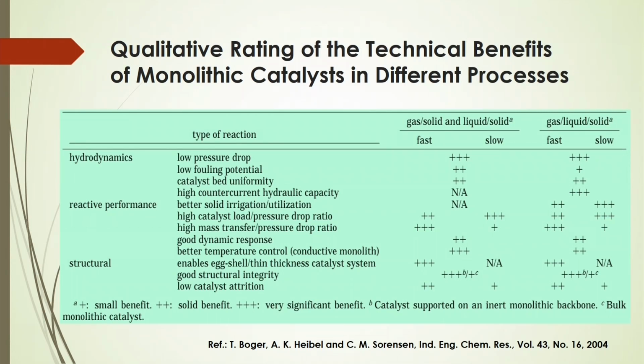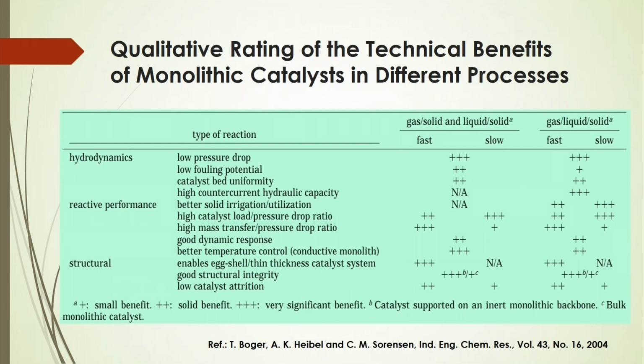But in the case of structural aspects, this enables a gas shell, thin thickness of catalyst systems, good structural integrity, and low catalyst attrition. In that case you can have both fast and slow reactions, but slow reactions will be limited, whereas in gas-liquid-solid you can also have fast and slow reactions, but slow reactions will be limited.